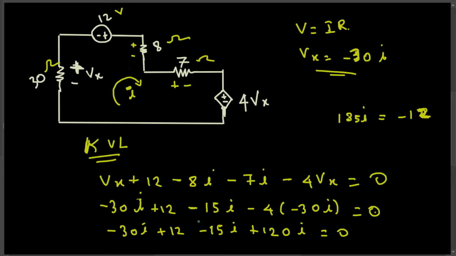Then this will become minus 45, 120 minus 45. So that's going to give us minus 75, positive 75I.